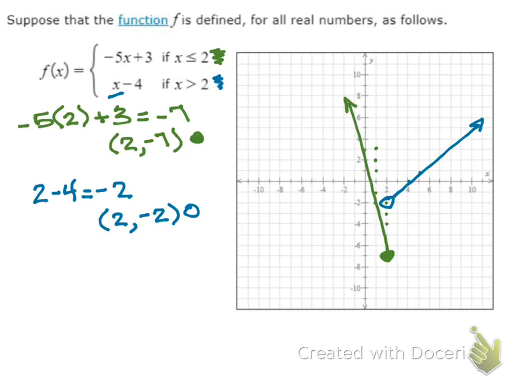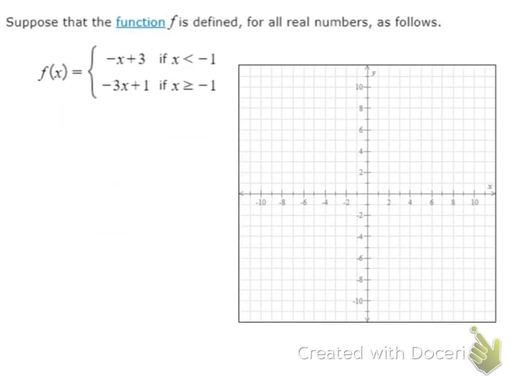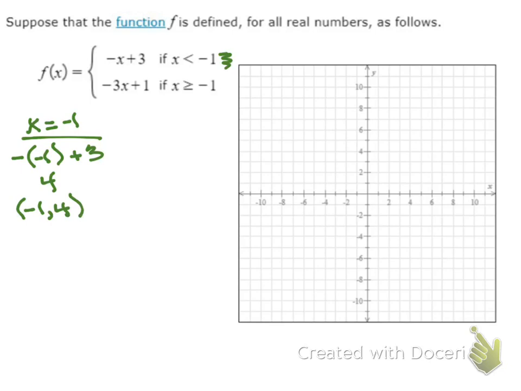I'd like to look at 2 more with you. Here's the first one. Now notice our boundary is at -1. So for our first guy here, if x is -1, we get -1 plus 3, which is 4. So that's the ordered pair -1, 4.